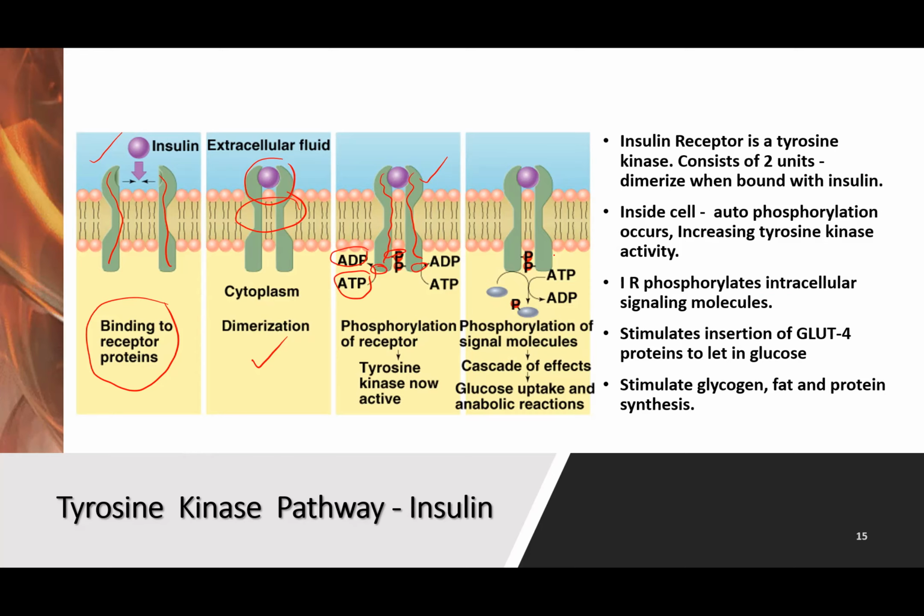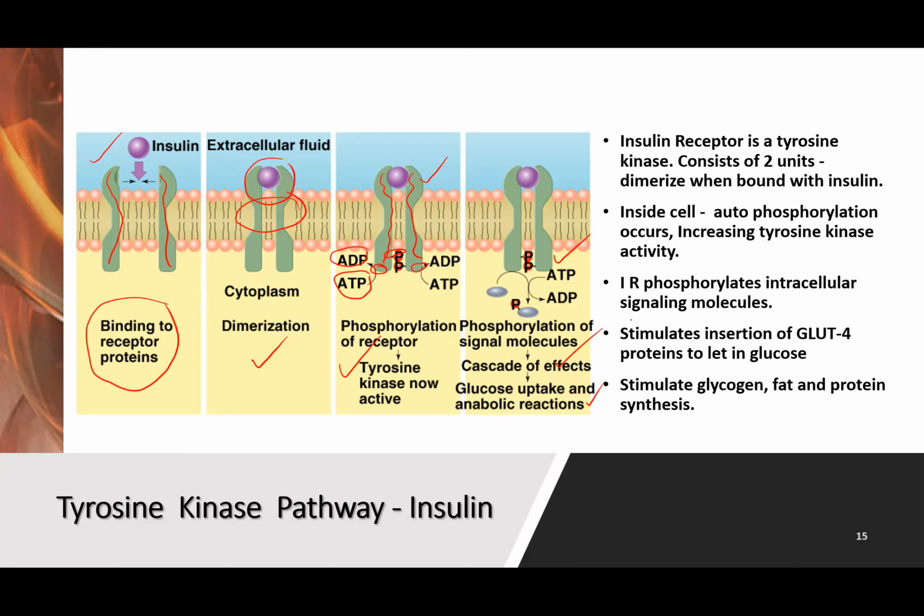So this has now become phosphorylated tyrosine kinase. Phosphorylation is the signal. The moment tyrosine kinase is phosphorylated, it is active, and a cascade of effects leads to entry of glucose and any anabolic activity.